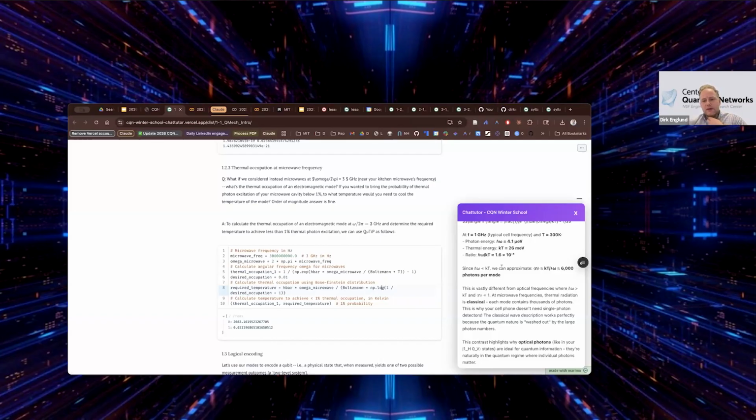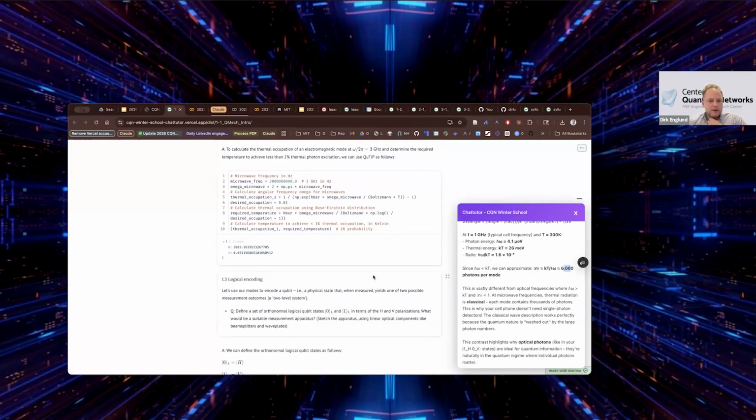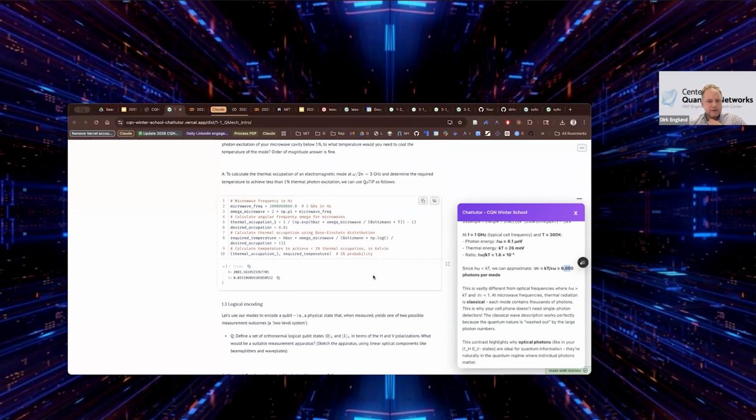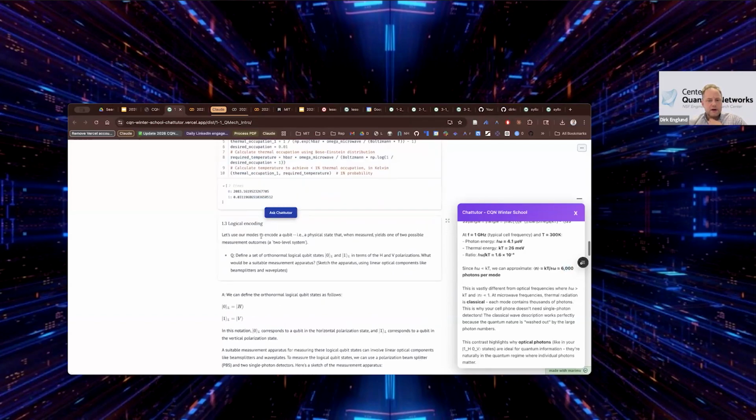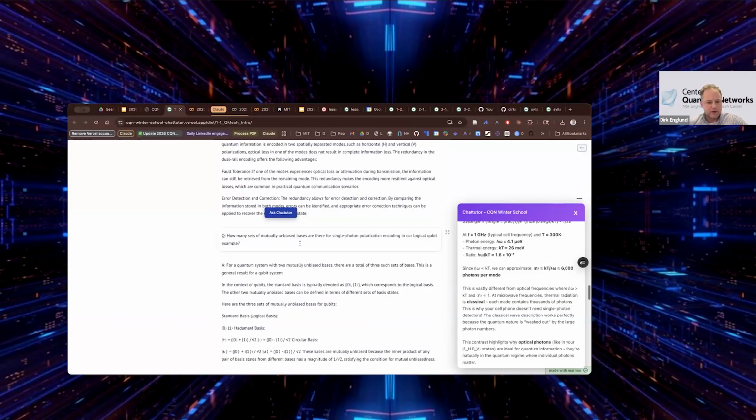Well, it's certainly not the case at microwave frequencies, right? So I think this is a nice way to explore that, and yeah, I encourage you to play with this.